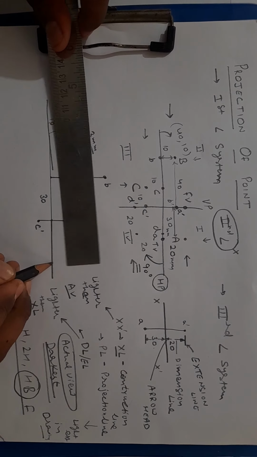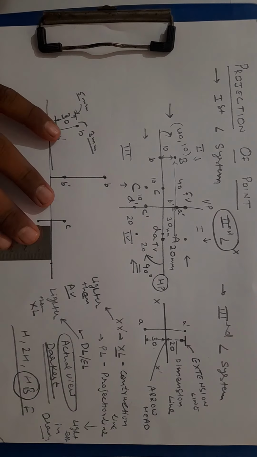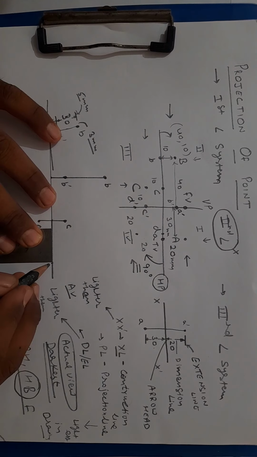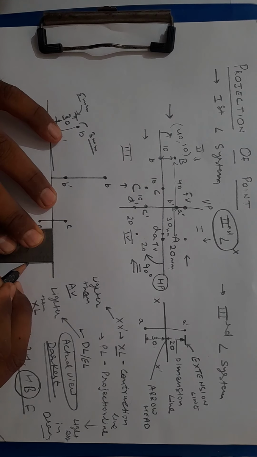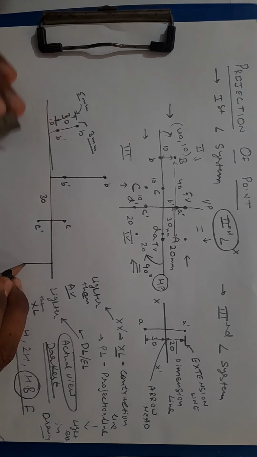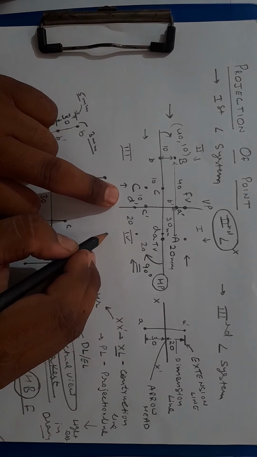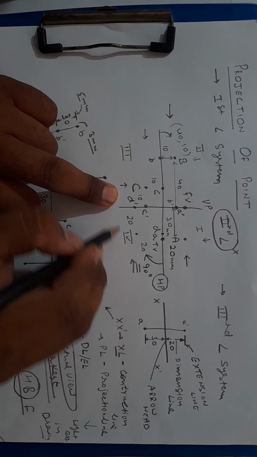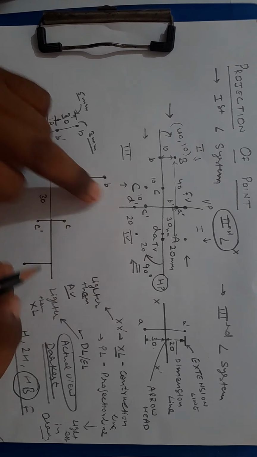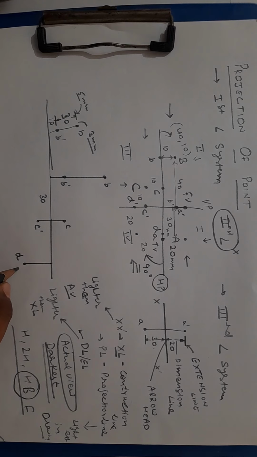If it is 30 mm distance, now we can plot d dash and d on the lower side. As HP is moving clockwise downward, d dash is already downward, and now d is clockwise 90 degree downward. It means both are having the same distance. That's why d and d dash we will be plotting.